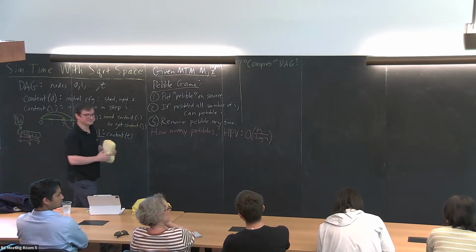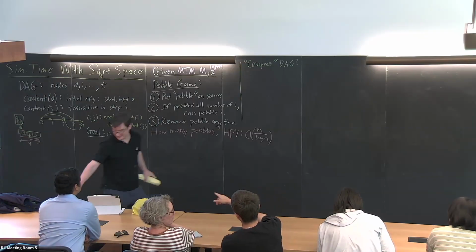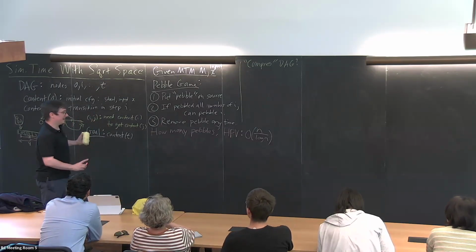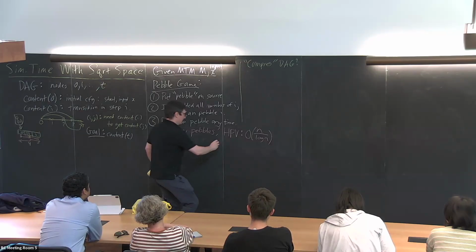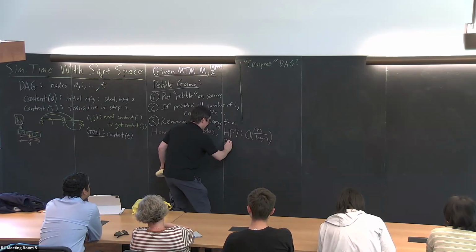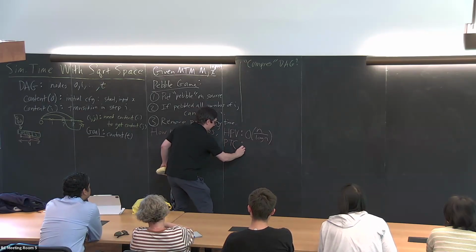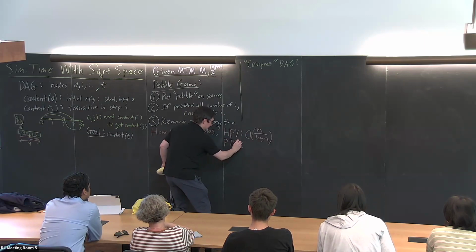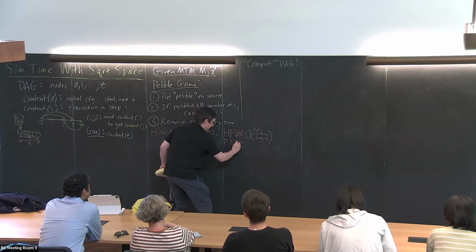Are there lower bounds for this kind of DAG? Yes, thank you. I think the first to note this were Paul, Tarjan, and Celoni, shortly after, maybe 1977.